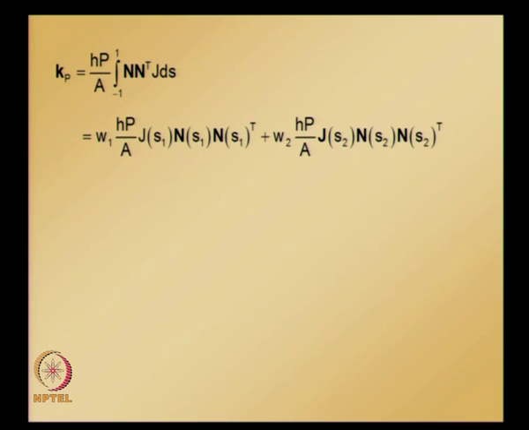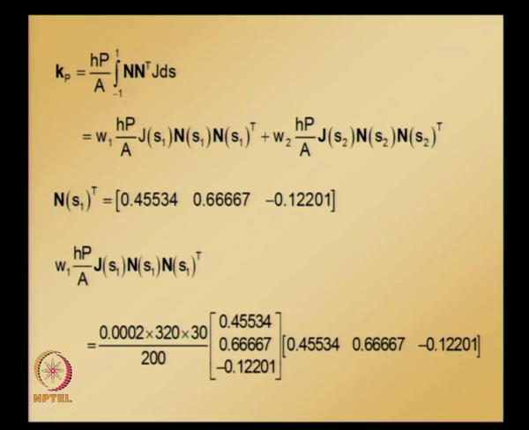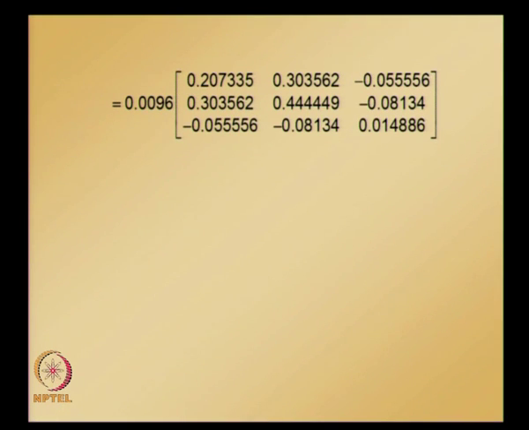And similar to the earlier integral where we evaluated the derivatives of the shape function vector at each of the integration points, here we need to evaluate the shape function vector at each of the integration points. The shape function vector at the first integration point, the integrand value multiplied by weight at the first integration point, and carrying out vector multiplication, we get this one.